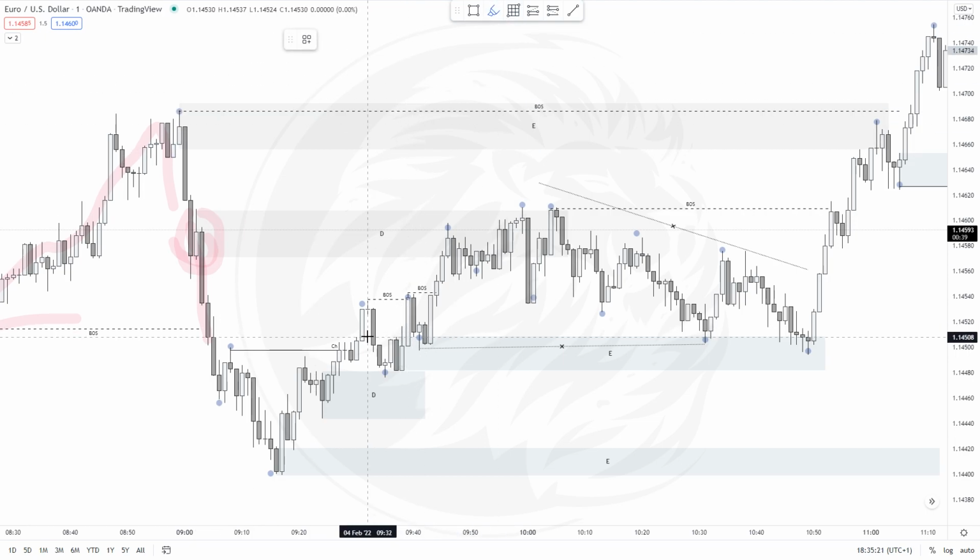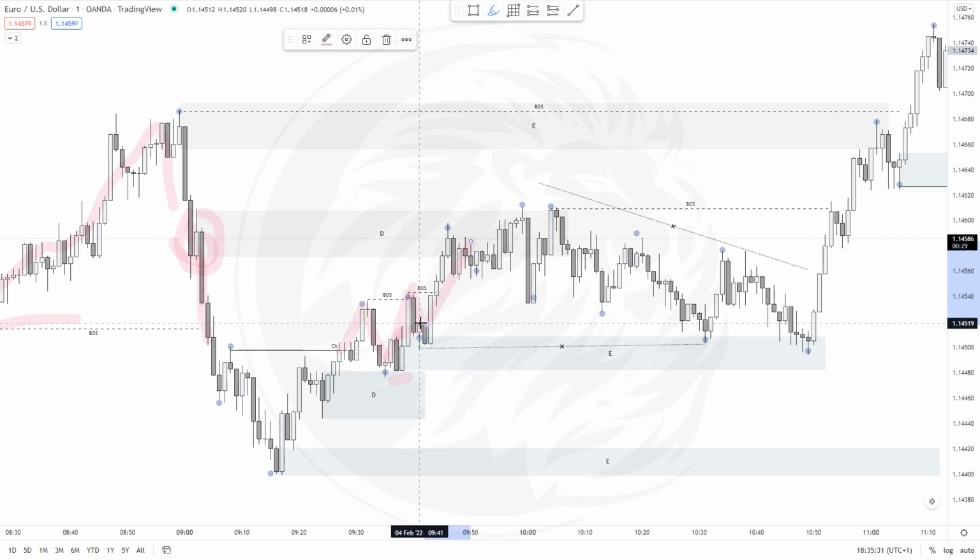Okay, so here now price breaks internal structure, re-breaks internal structure, comes back into this extreme here, and creates a decisional. Price here taps into this decisional in a bearish leg.